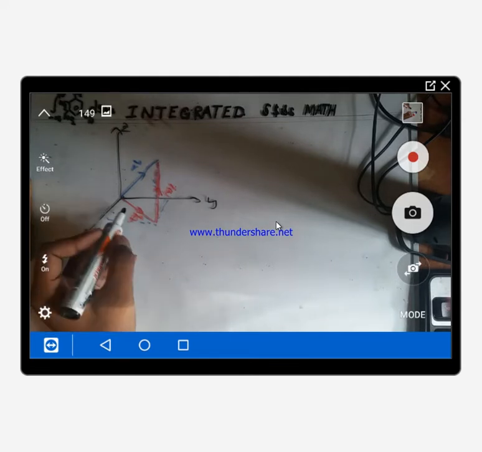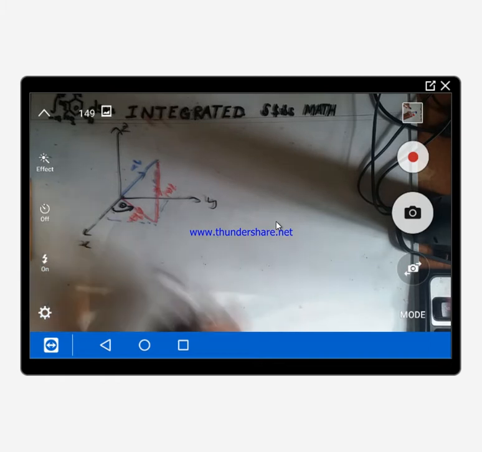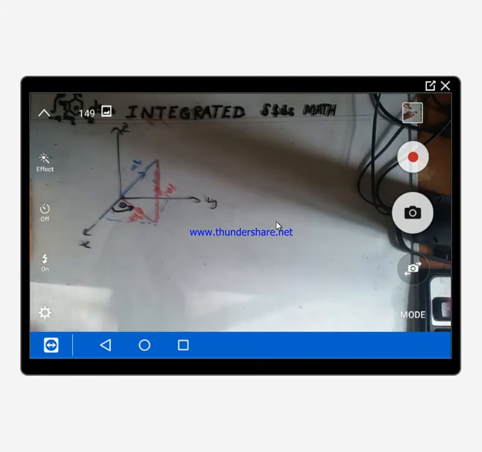Let me describe all these expressions. Let's call this angle theta, measured from the x-axis to the vector rho.